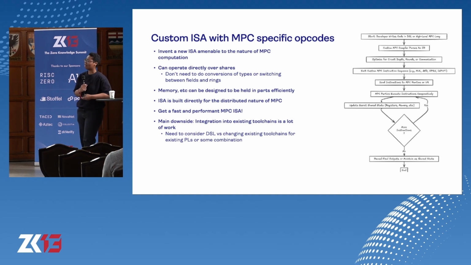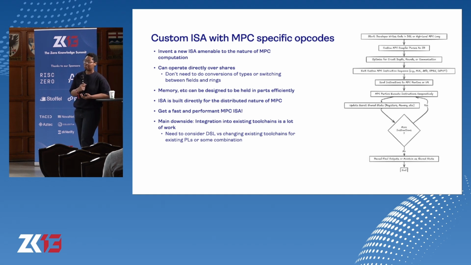A concrete example can be a zero knowledge proof. There are some MPC protocols that require special purpose zero knowledge proofs in order to ensure active security. And instead of having to re-implement that from scratch as you would in an existing ISA, you can just have an opcode that does that for you.